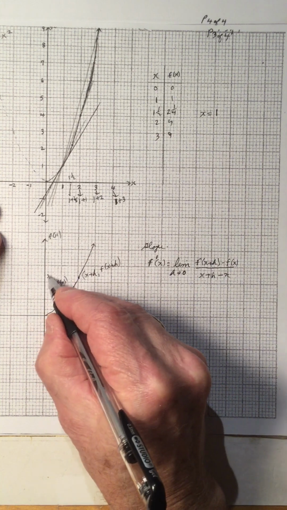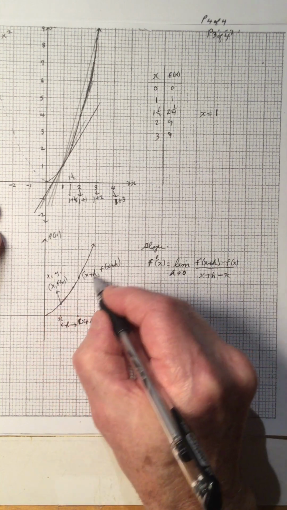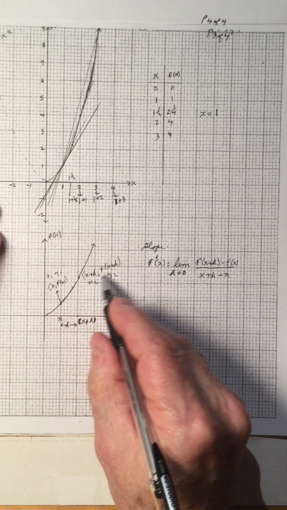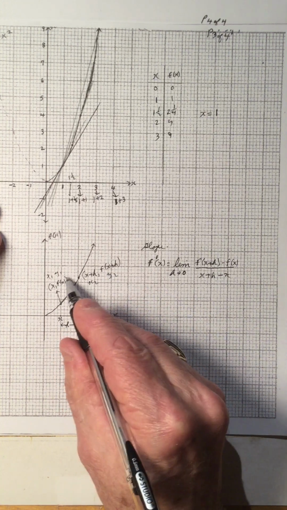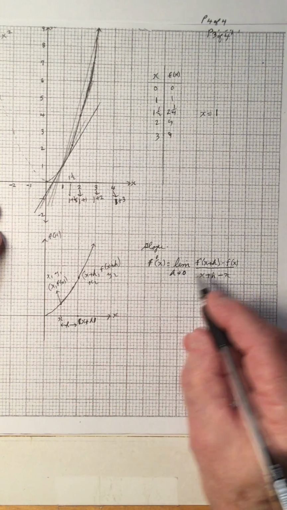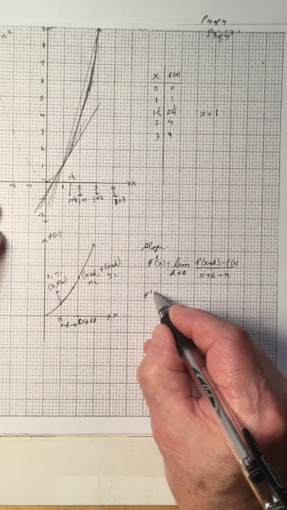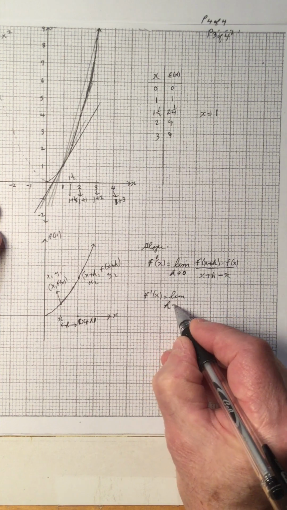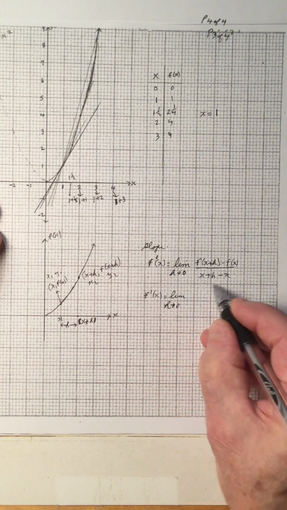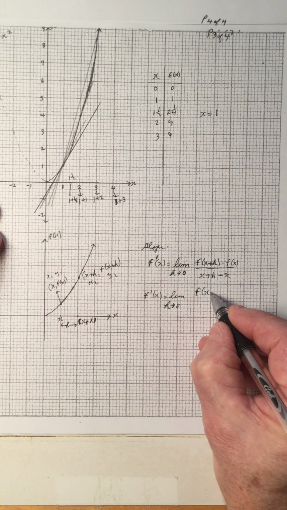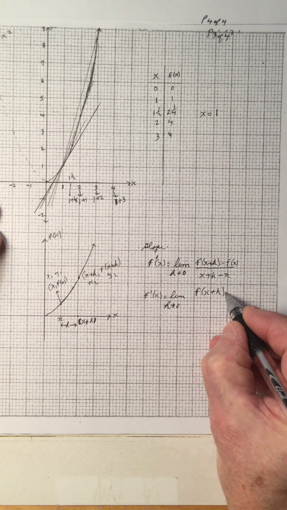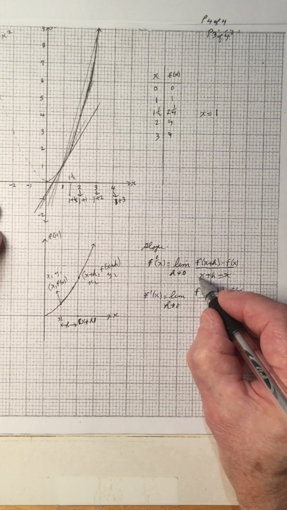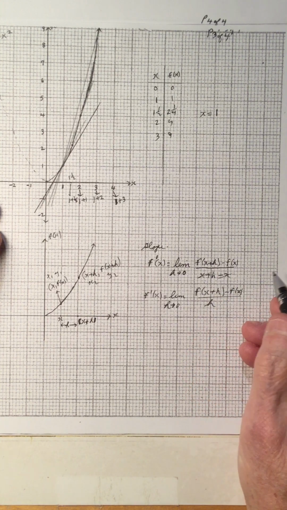So again, this is x1, y1, and this one here is x2, y2. So when I do the slope in this notation with the f of x's, the derivative is the limit as h approaches 0 of f of x plus h minus f of x, and the x's cancel out here, and I get it over h.